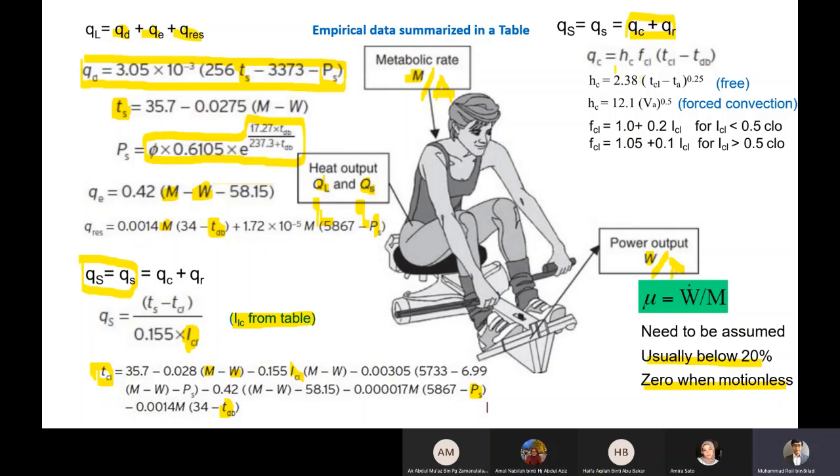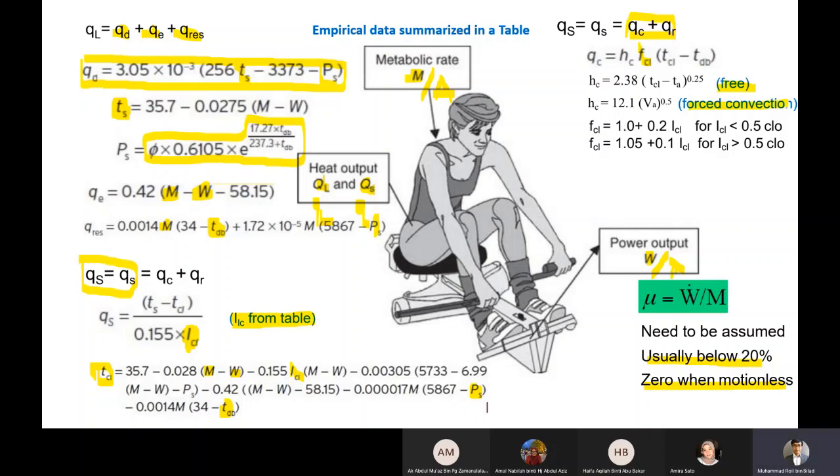So we get convection equal to the convection constant, clothing factor times delta temperature. And then HC really depends on the condition, can be free convection or forced convection. Forced convection is when the air blows to you or when you walk, either of these, the relative velocity of the air.